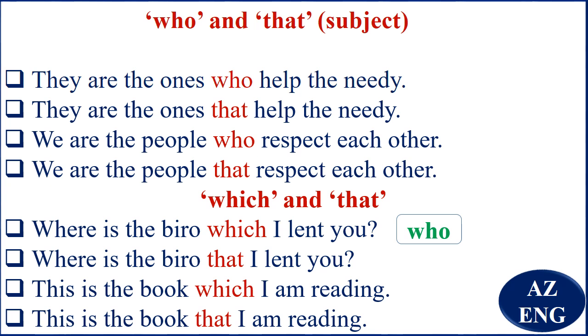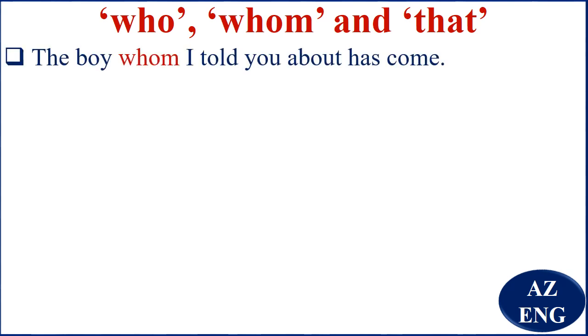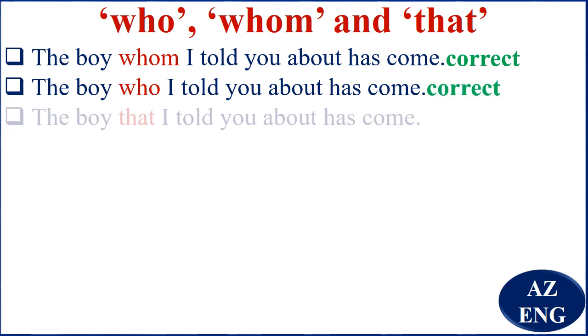And now we have who, whom, and that. So for example, it is correct to say the boy whom I told you about has come. This is correct. And also I say the boy who I told you about has come.